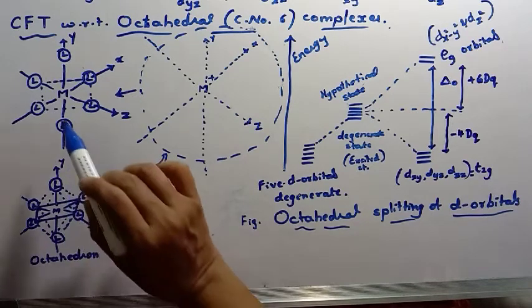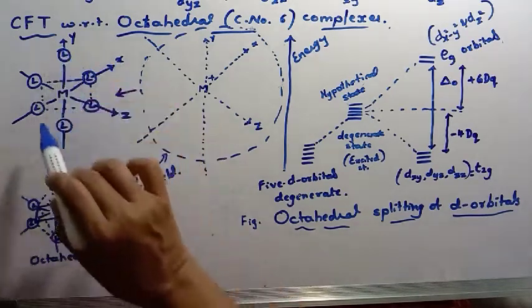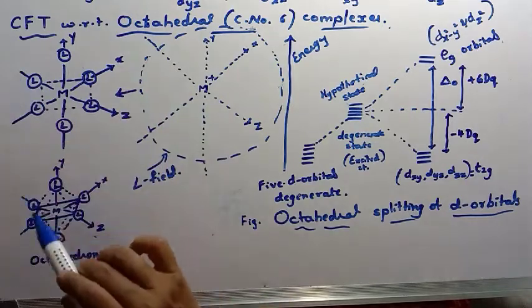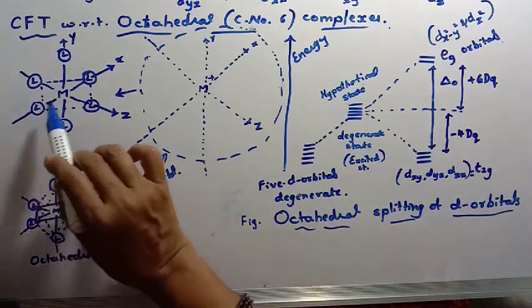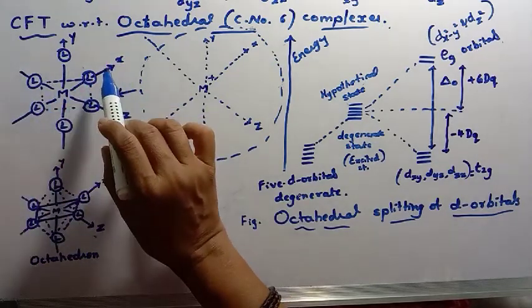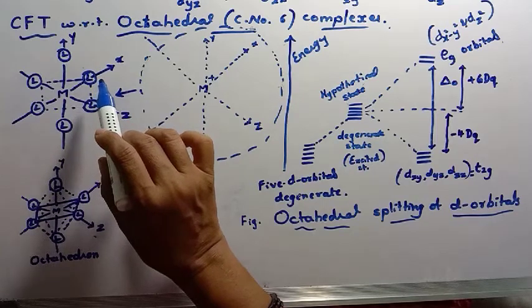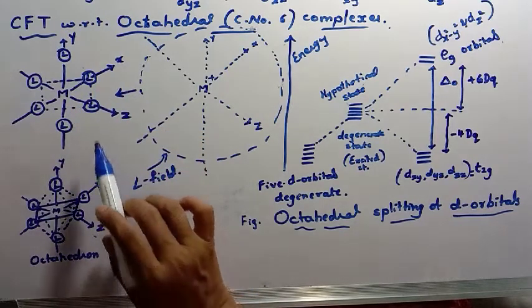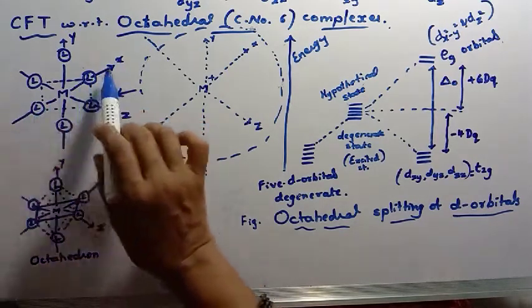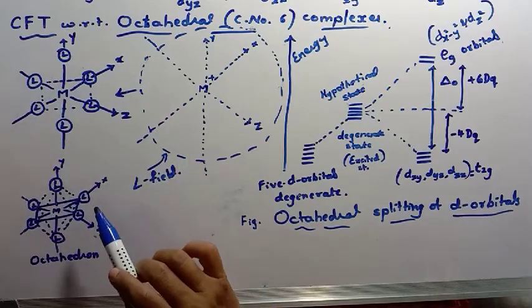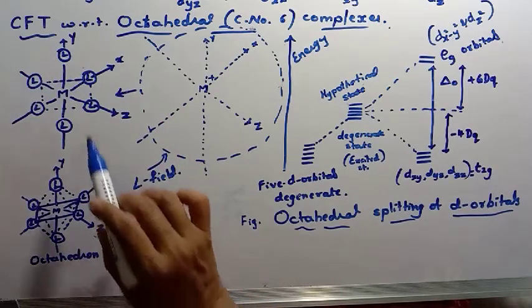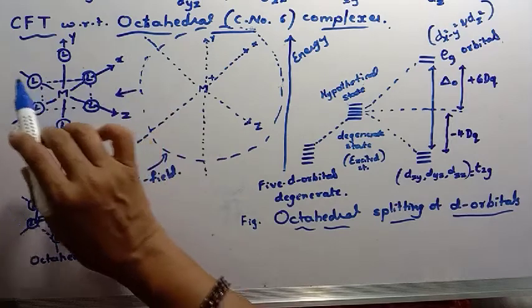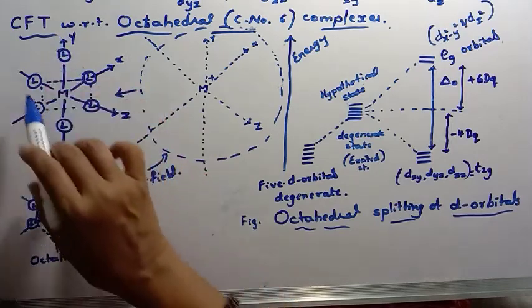If you imagine the 3 axes x, y and z, they are pointing along the corners of the octahedron.